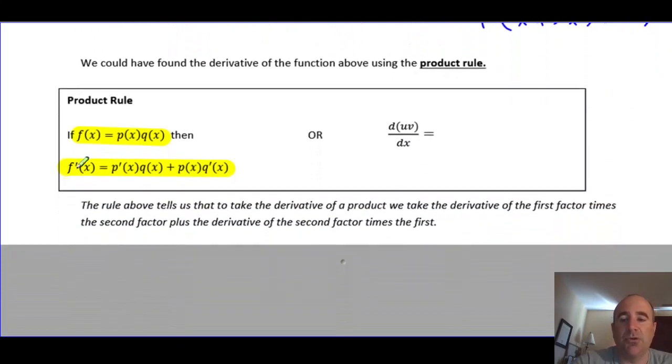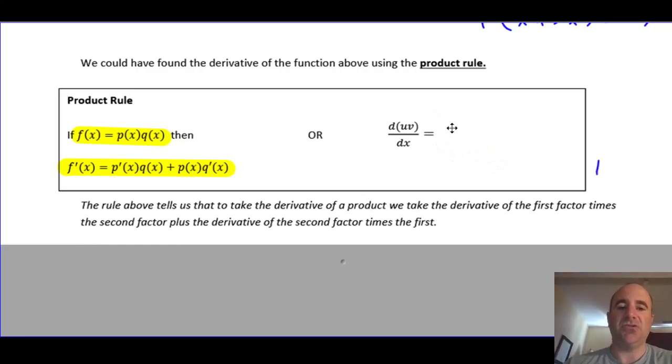Now, this is the product rule in prime notation. In Leibniz notation, we don't use function notation, so we can just say the derivative of uv. Here u and v are functions. The derivative of uv with respect to x is the derivative of u with respect to x, which is du by dx, times whatever v is, plus u times the derivative of v.